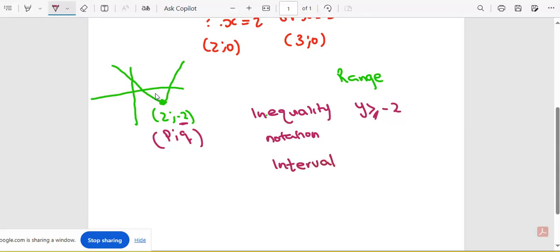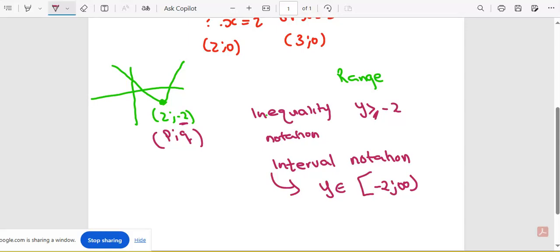If you write it as an interval notation, you say y must be an element of, and you start with the small number. We said y must be greater than or equal to minus 2, so it goes all the way to positive infinity. The smaller one is negative 2, all the way to positive infinity, which is not included. That's how you do this.